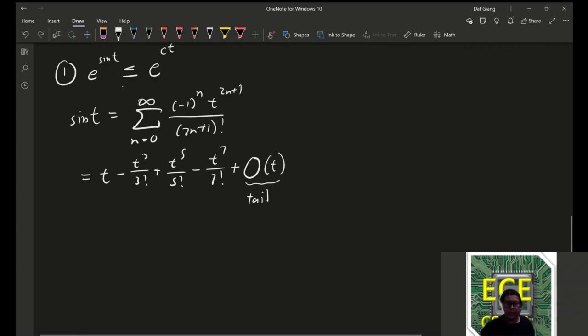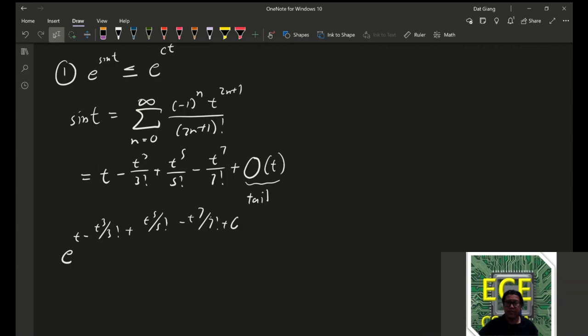So when doing this expansion, we have e to the t minus t cubed divided by 3 factorial plus t to the 5 over 5 factorial minus t to the 7 over 7 factorial plus some tail term that we don't care about, being less than or equal to e to the ct.